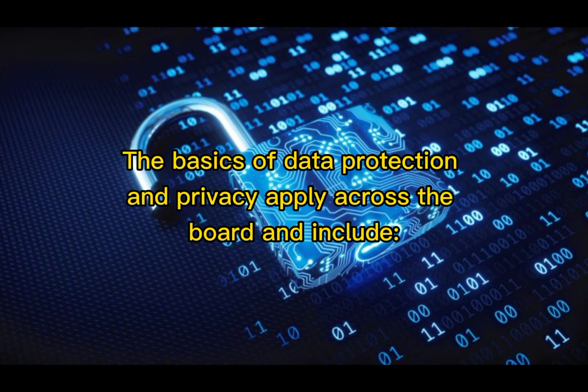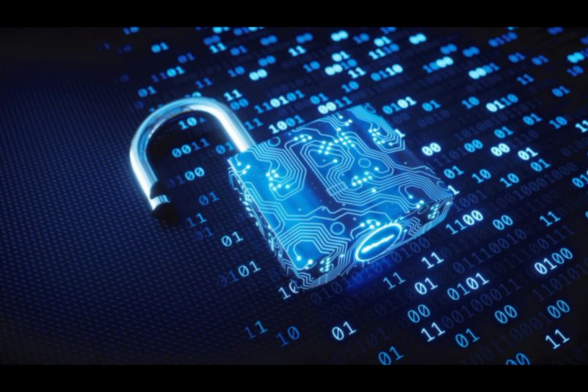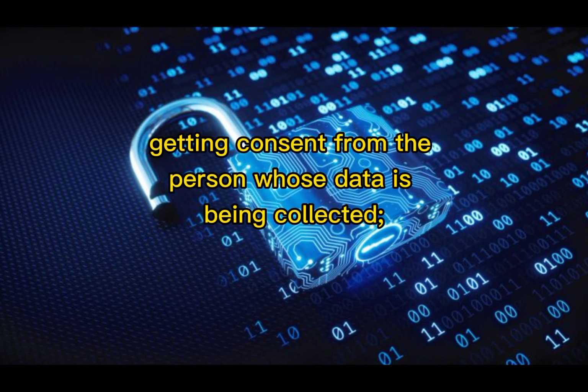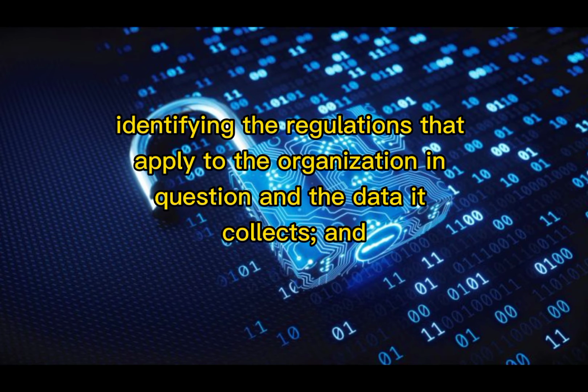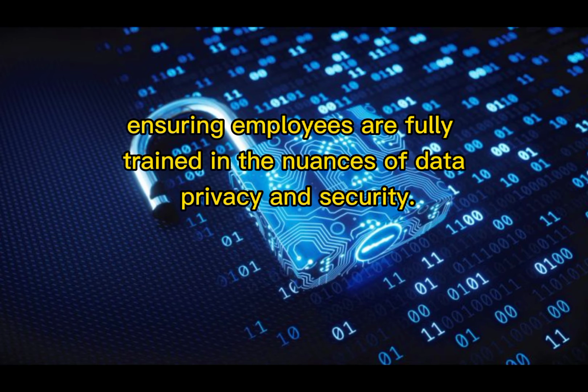The basics of data protection and privacy apply across the board and include safeguarding data, getting consent from the person whose data is being collected, identifying the regulations that apply to the organization in question and the data it collects, and ensuring employees are fully trained in the nuances of data privacy and security.